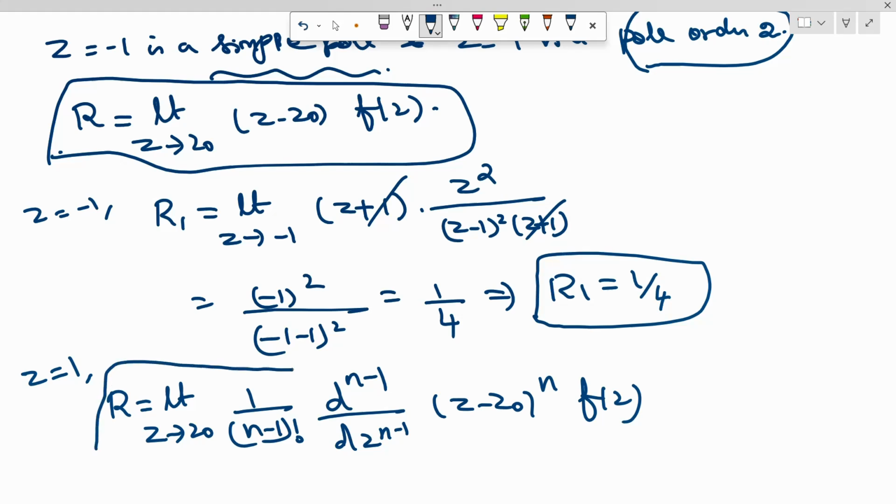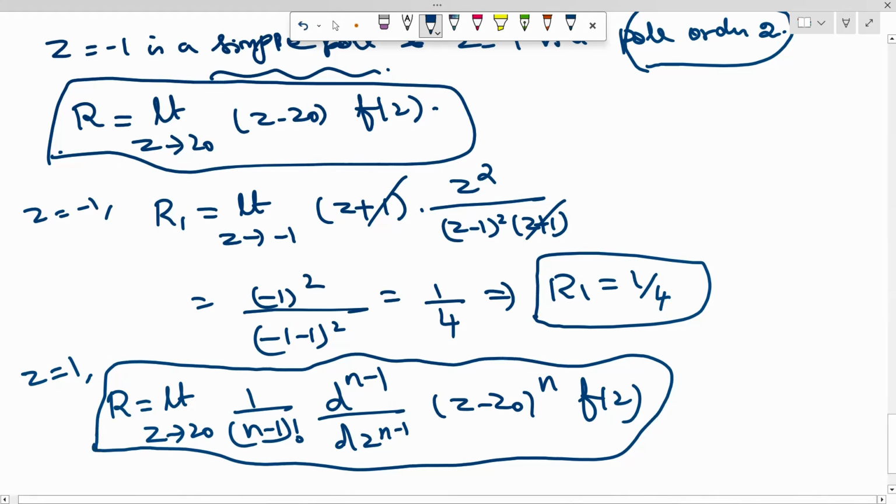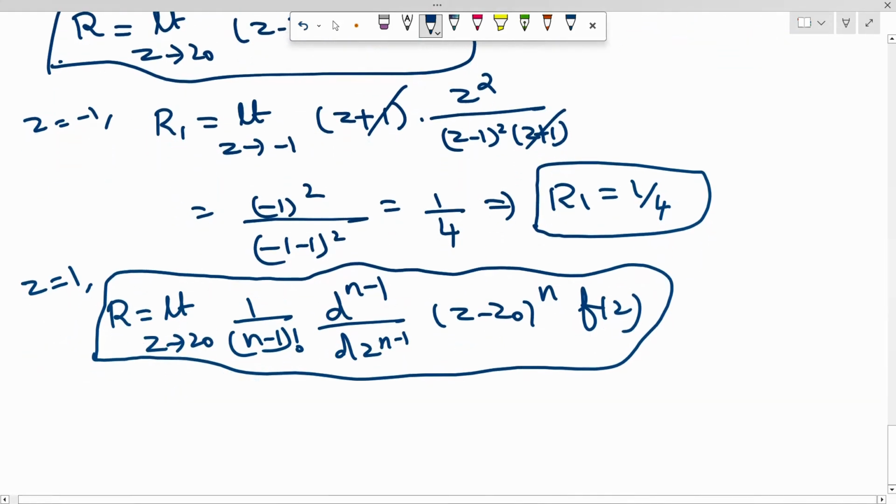You should remember the nth derivative residue formula. If you know this one, you can write for any order.